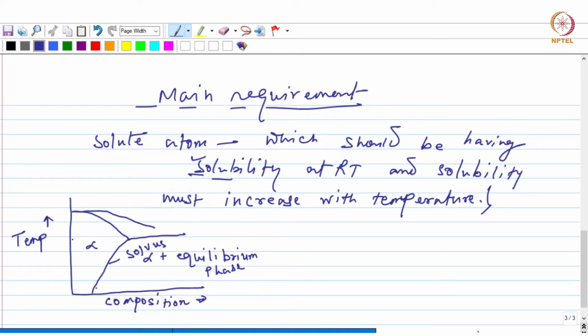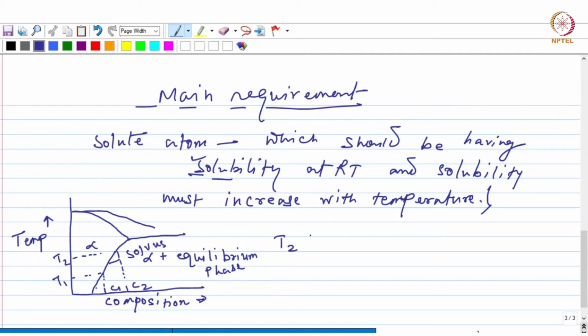So you can see at any given temperature, if you look at the solubility, let's say here, it has a particular amount of the solute, let's say C1 at temperature T1, and if you increase the temperature to T2, which is higher than T1, then the concentration also increases, right?